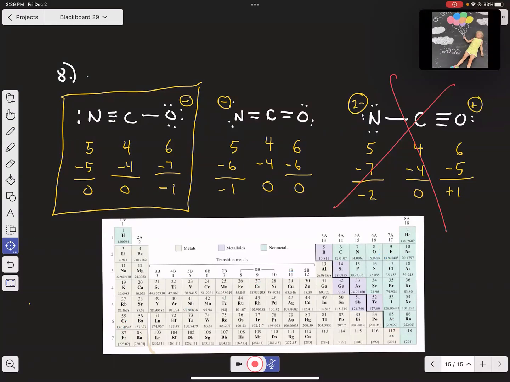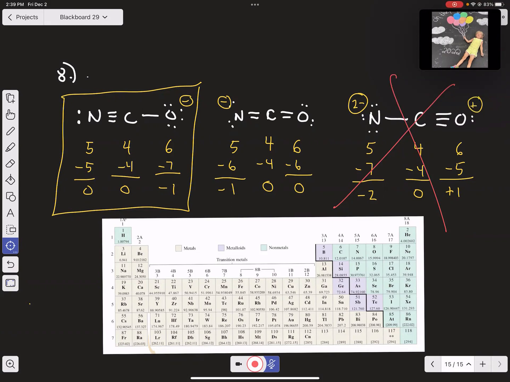I don't expect you to know exact numbers of electronegativity, just the general trend. So as we go across from carbon, nitrogen, oxygen, and fluorine, we're becoming more and more electronegative. In this case, among nitrogen, carbon, and oxygen, oxygen is closest to fluorine, so it's the most electronegative. Carbon is the farthest from fluorine, so it's the least electronegative. So it goes from left to right.